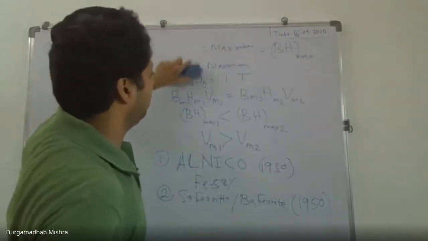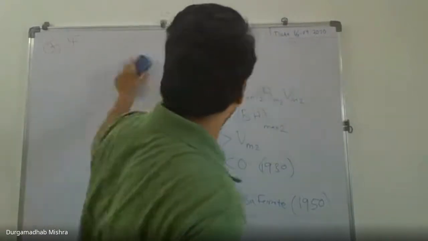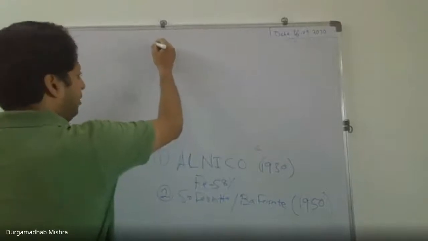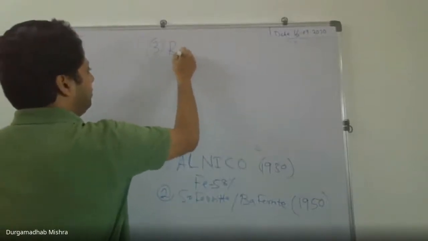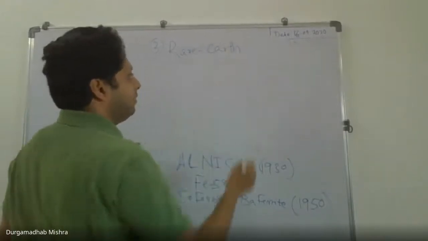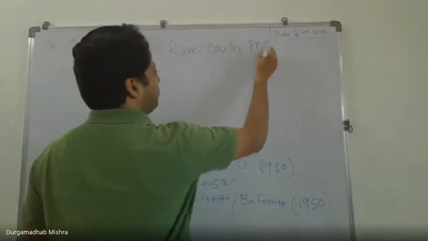And in the 1970s came the rare earth permanent magnets, like samarium cobalt 5 and samarium 2 cobalt 17.